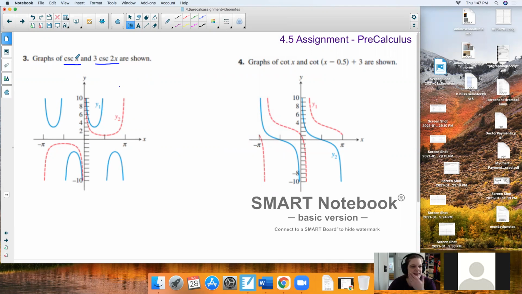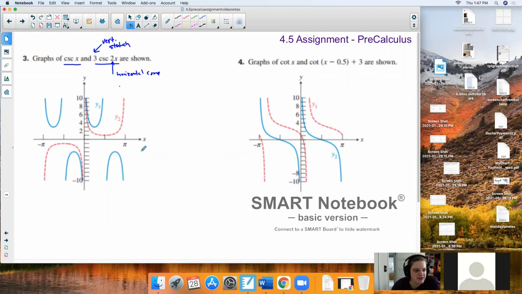So cosecant, the original one is on here, and then 3 cosecant 2x. Okay, so this is vertically stretching from the 3, and then it's also, in this case, horizontally compressing. Well, let me think about it. Horizontal, yeah, compression. And so let's see which one is which.